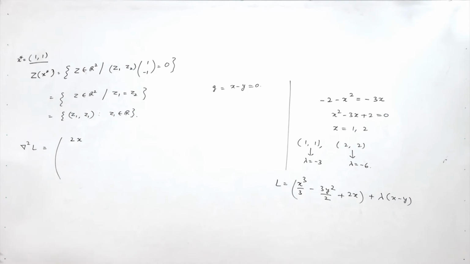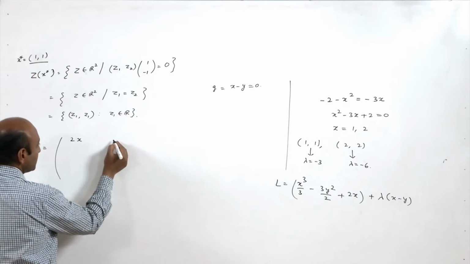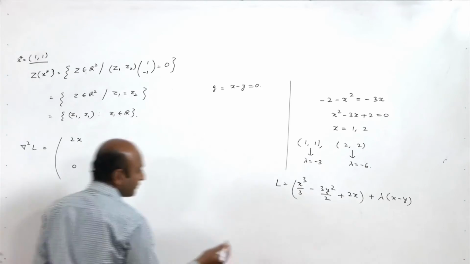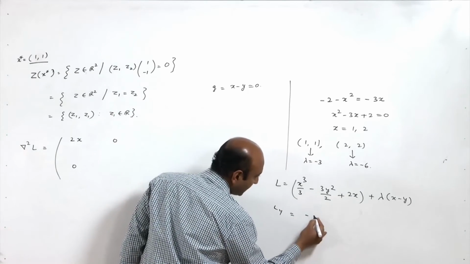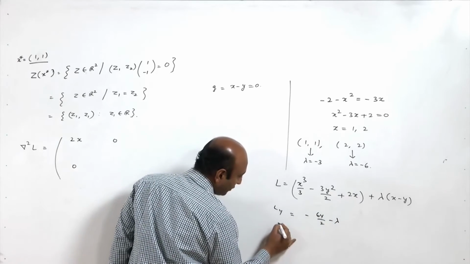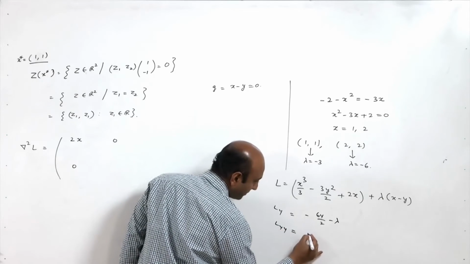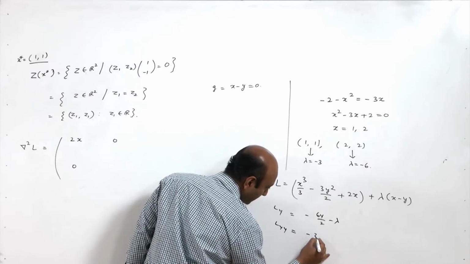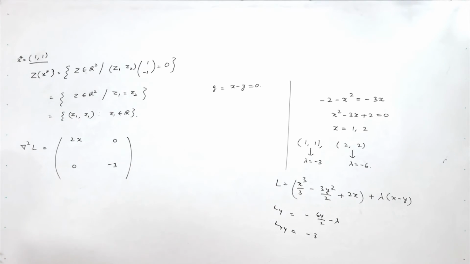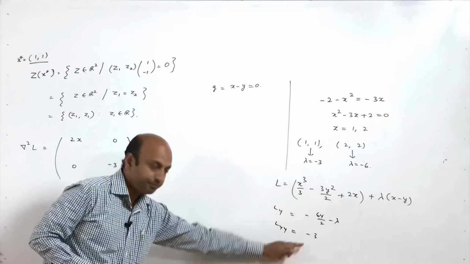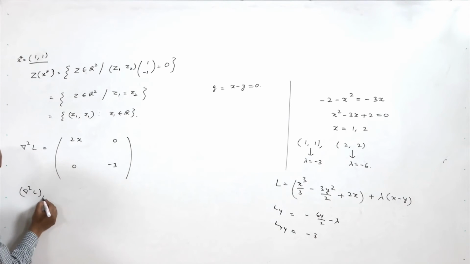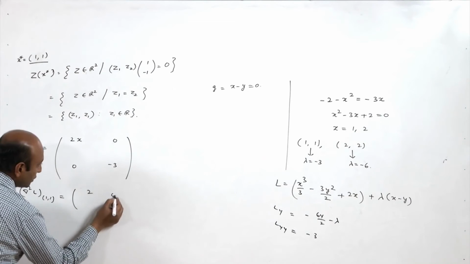Now with respect to xy, it is 0, and with respect to y, the first derivative is minus 6y by 2 minus lambda, and when you differentiate twice with respect to y, it is minus 3. This is the second partial derivative with respect to y. Now this at 1 comma 1 is 2 0 0 minus 3.